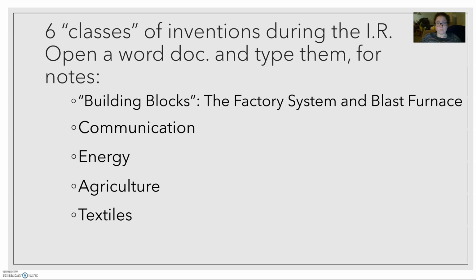Textiles were some of the first and most important factories. So there's our fifth category or class you should have written down. Our last one is transportation. We made all these new goods, but you had to get them to whoever wanted to buy them. So we also invented these new methods of transportation.